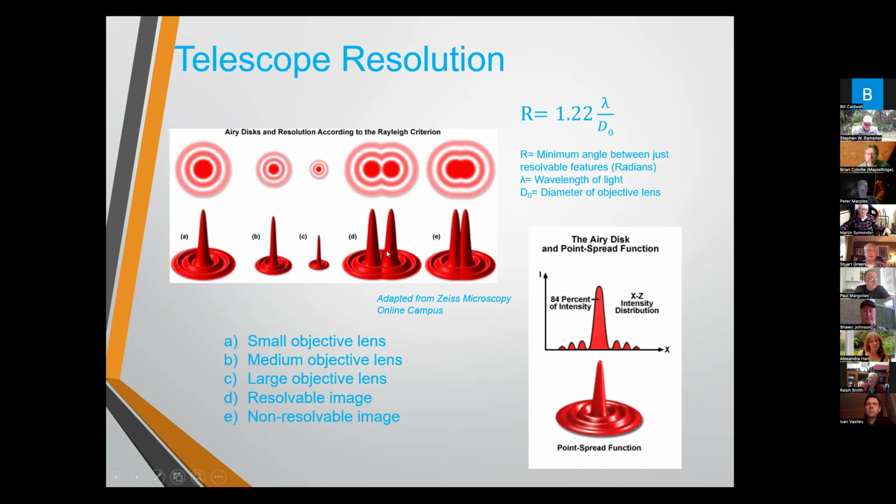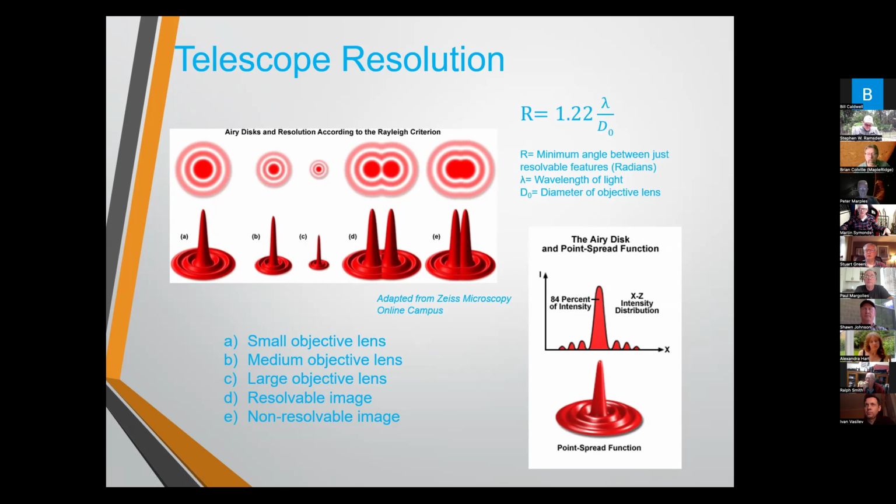So if you look at D, that's a resolvable image, just about. E, where they're overlapping, that's a non-resolvable image according to the Rayleigh criterion. And the formula for that is approximately 1.22 lambda over D, so that's the wavelength over the diameter of the objective.